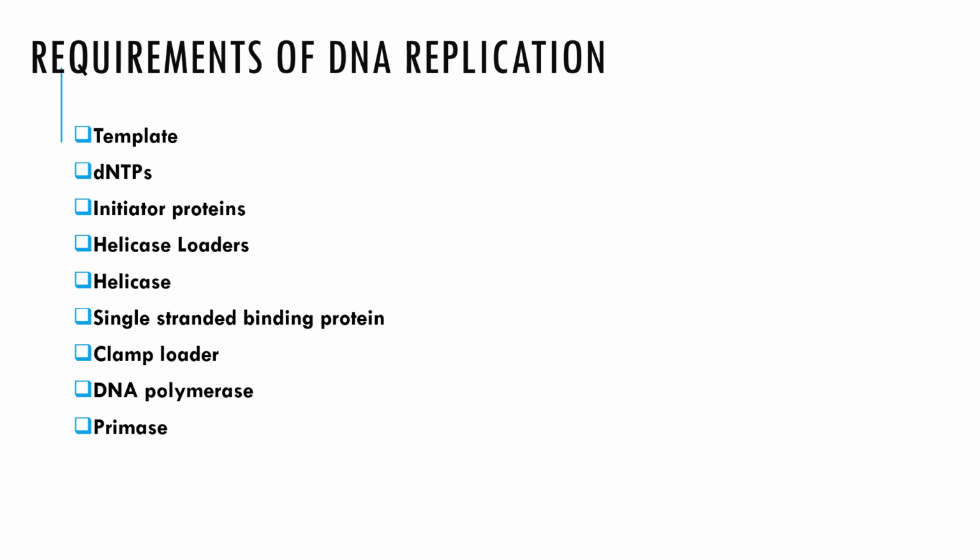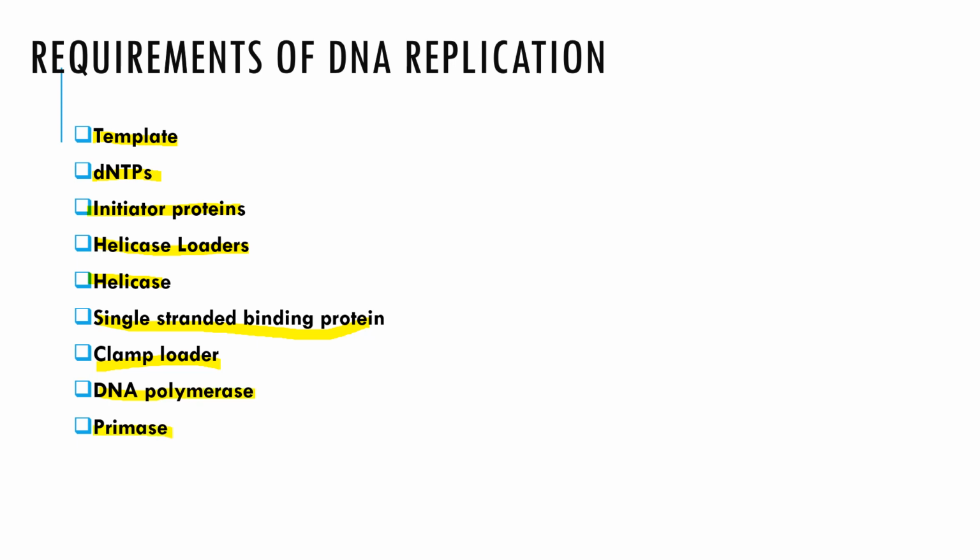The important things required for DNA replication are template, dNTPs, that is deoxyribose nucleotide triphosphates, initiator proteins, helicase loaders, helicase, single-stranded binding protein, clamp loaders, DNA polymerase, and primase.